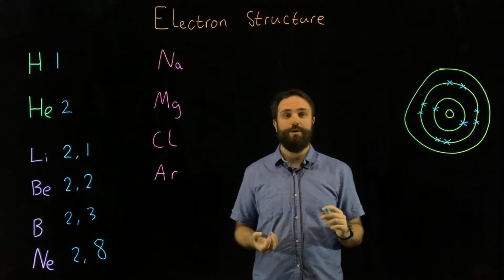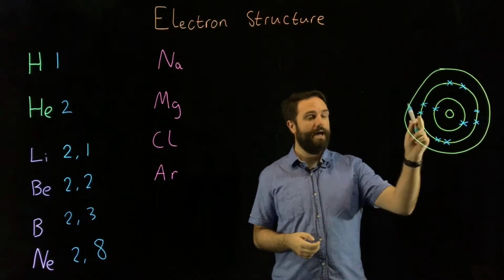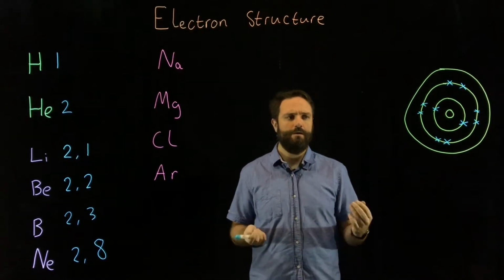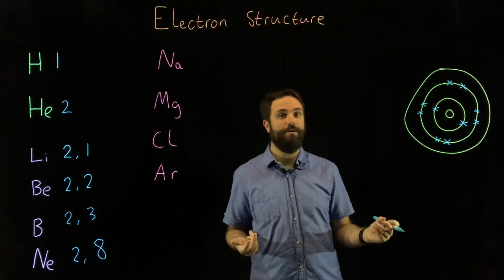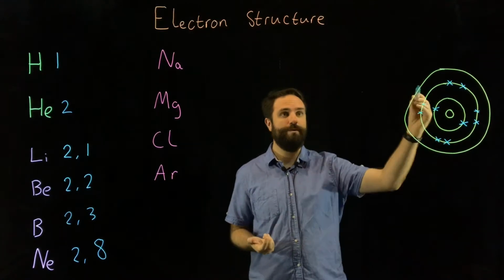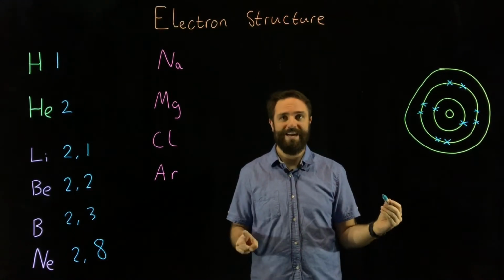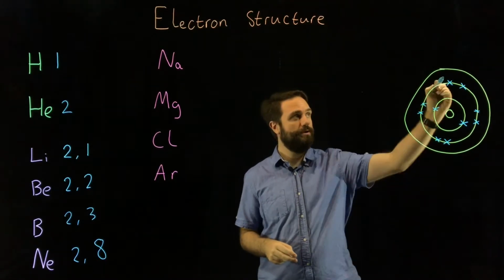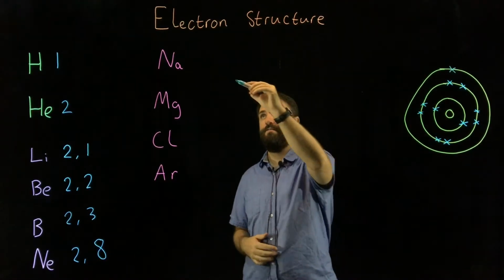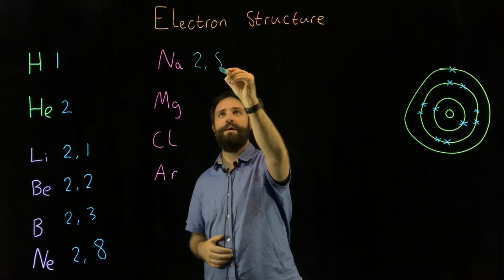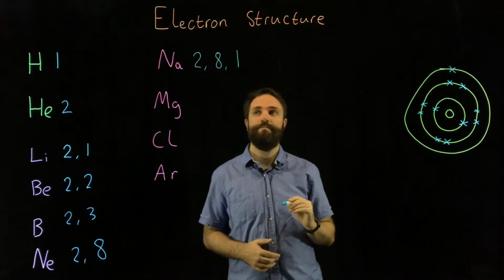It is sodium. It has got 11 electrons. Where do they go? Well, I've just said neon has a full shell. There's no more room here. The second shell can only hold a total of 8 electrons. So we put our next one in the shell above. Very straightforward. 2, 8, 1.